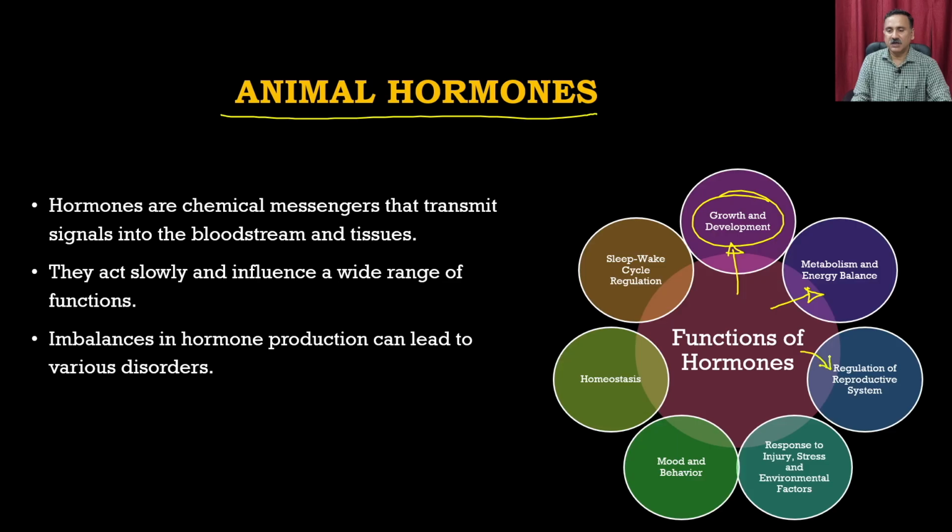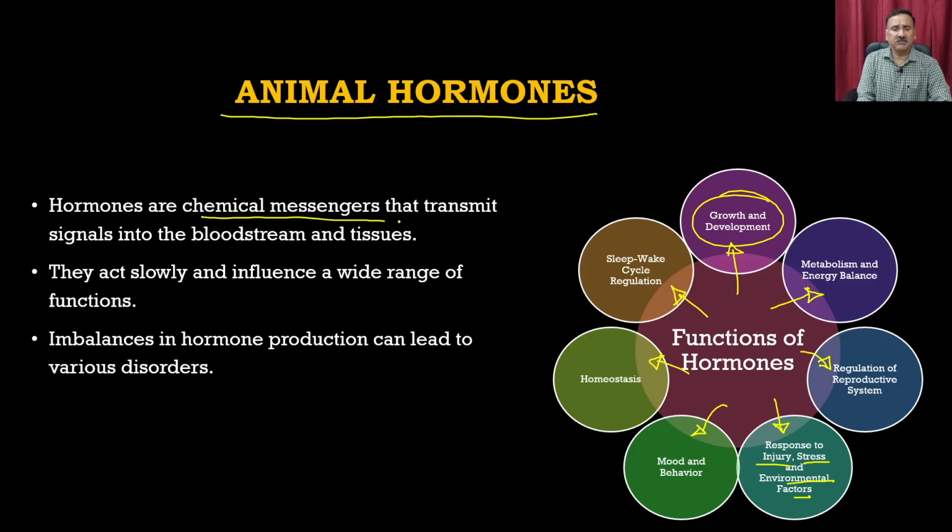They regulate the reproductive system. They regulate fight and flight responses. They regulate different types of stress like injury, stress, and environmental factors. They also maintain mood and behavior, maintain homeostasis, and maintain the sleep cycle.